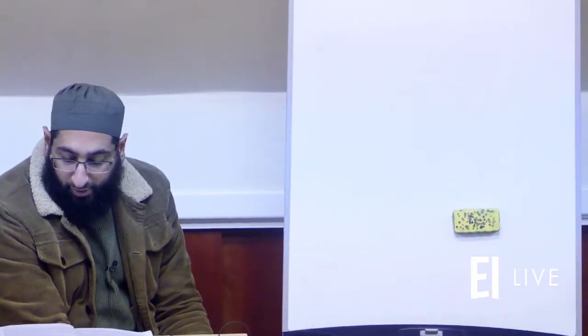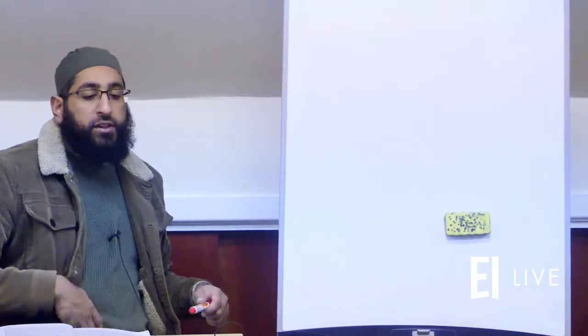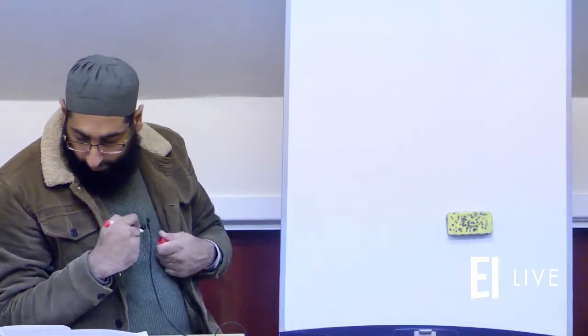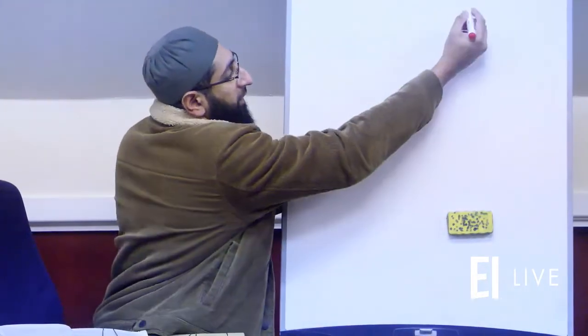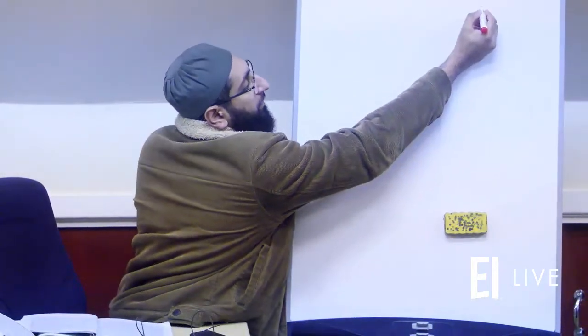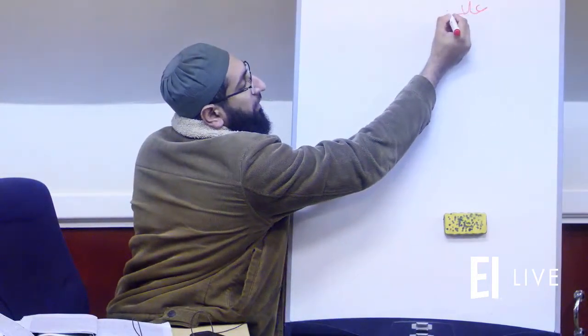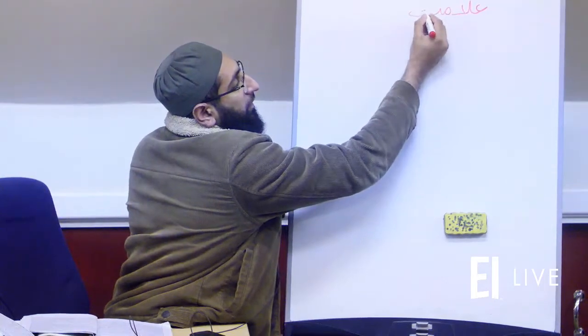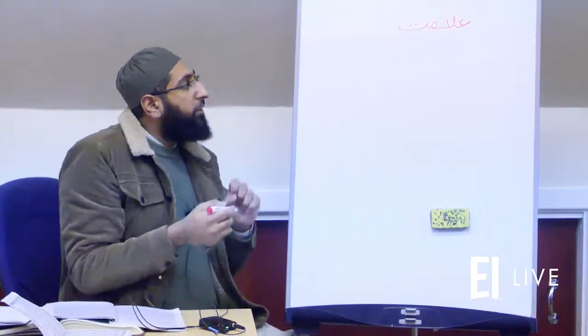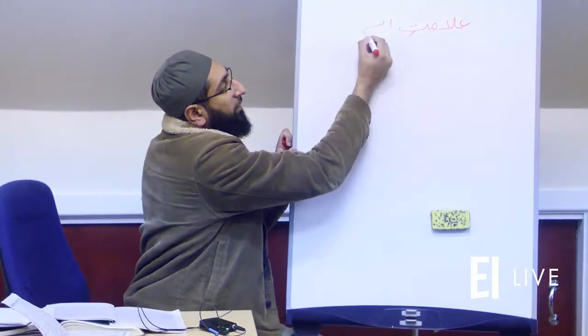So the signs of ism. We call these the alamat, or alama. It's in Persian, so alamat of ism.